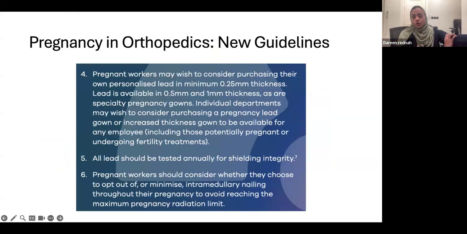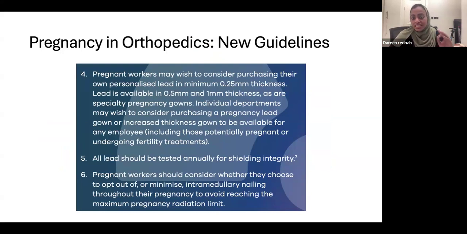Okay, so they recommend that the pregnant lady should purchase her own lead apron, because of it falling on the floor every time, it will break the lead from inside. So when she buys her own, she will take care of it.